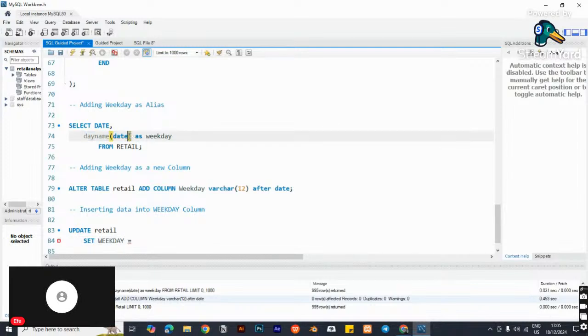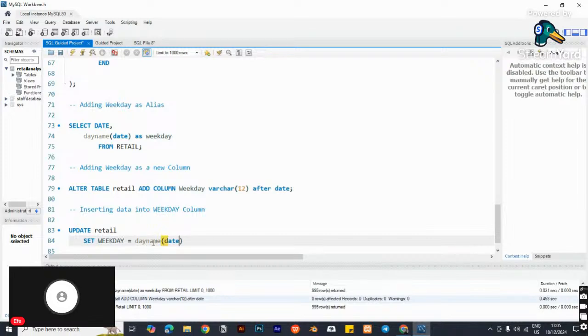So what it means is that when we apply this, we say day name using this keyword day name. It's a library function, and by default it references this date column in your table and then converts it using this library function.